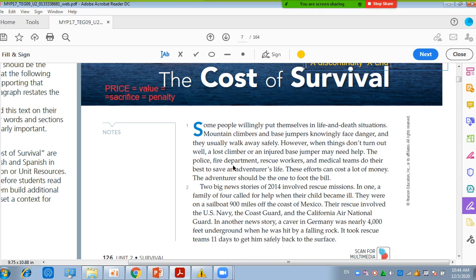The police, fire department, rescue workers, and medical team do their best to save an adventurer's life. These efforts can cost a lot of money. The adventurer should be the one to foot the bill.